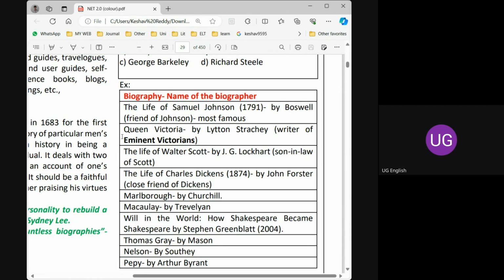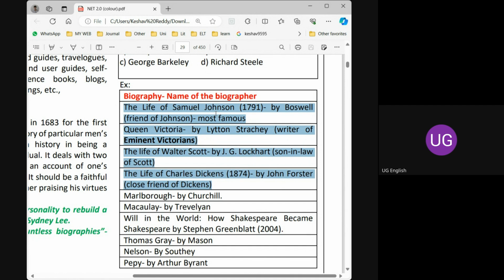And I have given the list of important biographies in English literature. These are all very important, and the first few are very, very important. Everyone should memorize this. The Life of Samuel Johnson, a very, very important biography in English literature. Whenever you get the Life of Johnson, you should immediately recall the term Boswell.